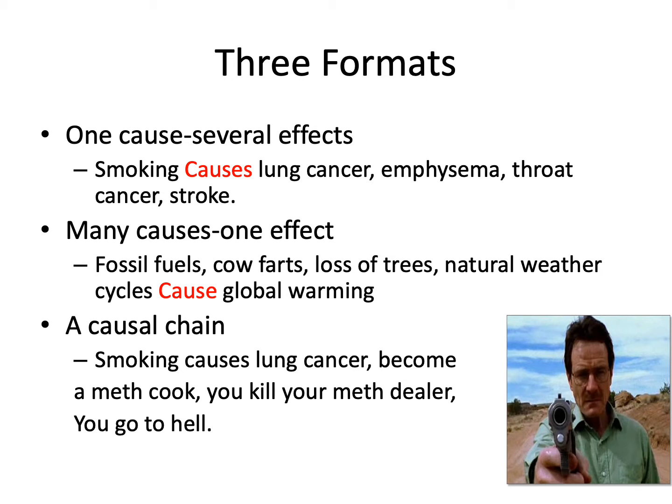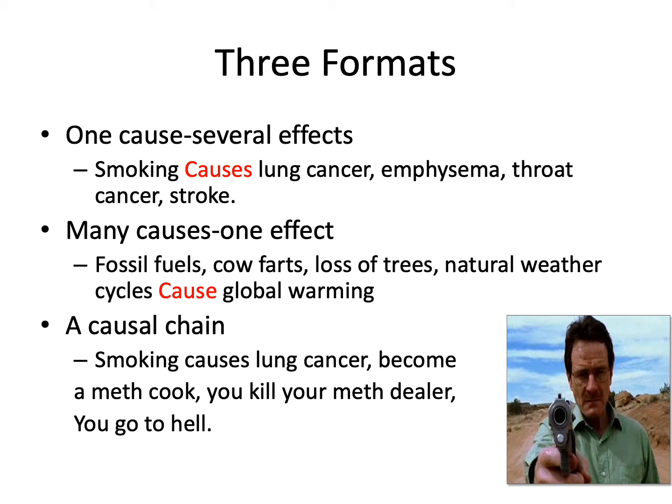So this is where one cause leads to an effect, and then that effect becomes its own cause for a second effect, and it goes down. So smoking causes lung cancer, because you've got lung cancer and you have no way to take care of your family when you're dead. You become a meth cook in order to make blue crystal meth that you can sell to put money aside for your family.